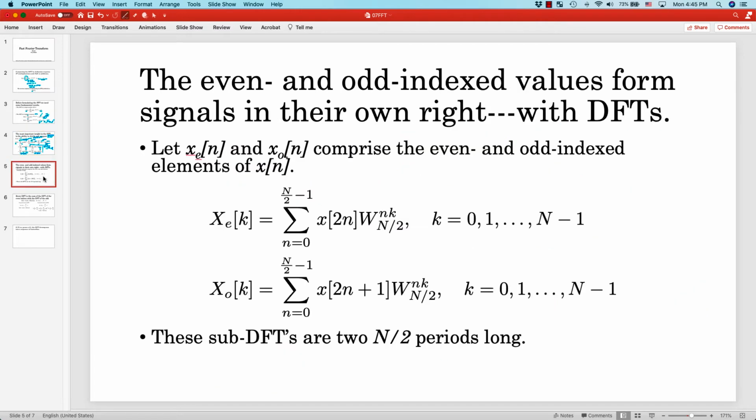Each of those two DFTs I'm going to call sub-DFTs, basically. They are DFTs of shorter length signals, and so their DFT length will be shorter. However, there's nothing stopping us from evaluating the sub-DFT at all of these k indices, right?